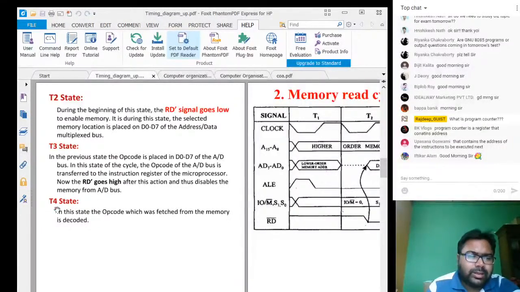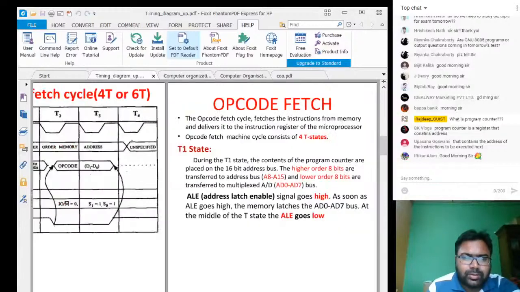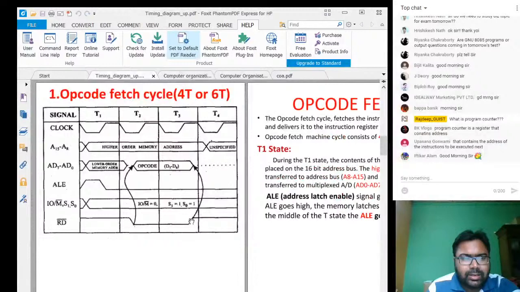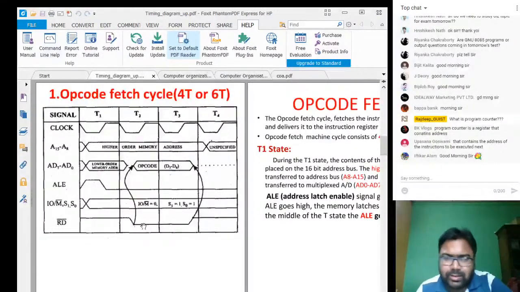And T4 state, what does it say? In this state, the opcode which was fetched from the memory is decoded. If you see here, in the second half of this T3 state, RD is again set to high, which means the contents have been placed from memory to your instruction register.